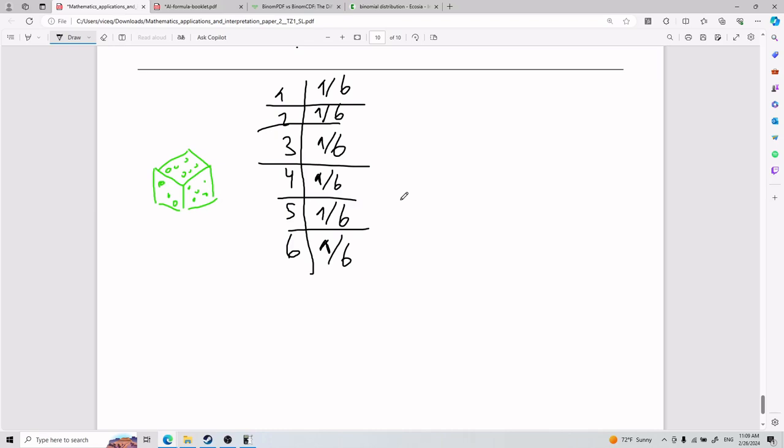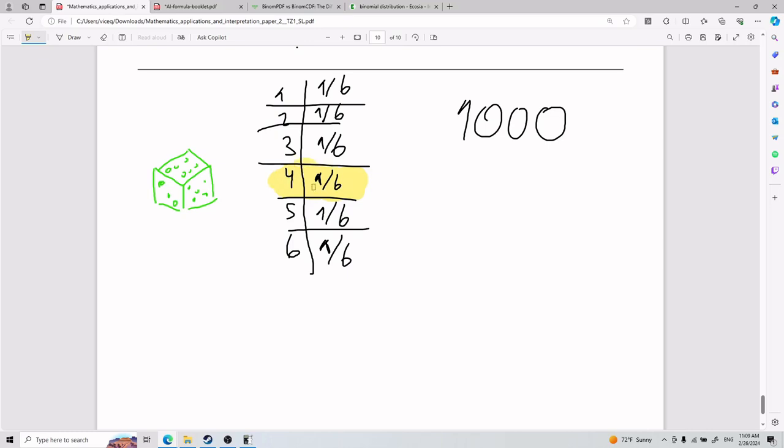And so let's say there's 1,000 of us, and we all take one die and throw it at the same time. What is the expected number of fours that we're going to have?